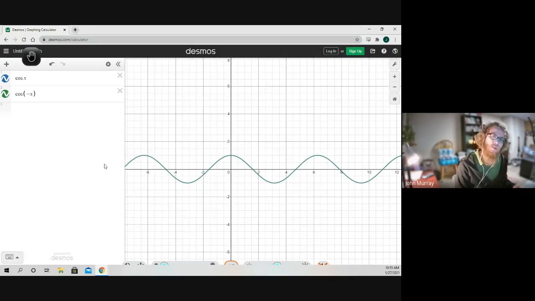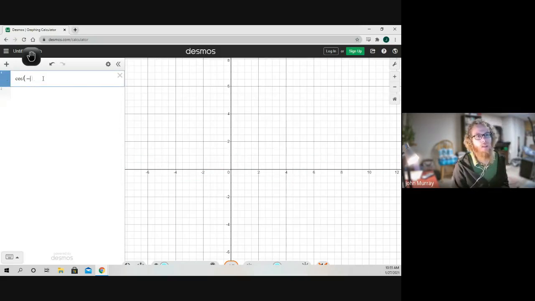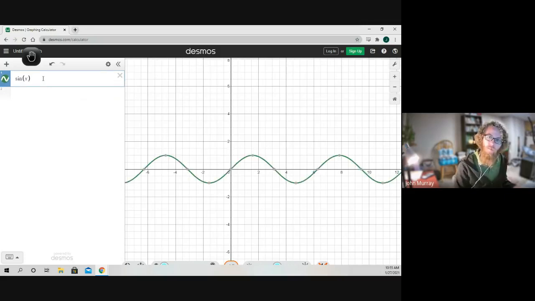Everything on the right side is an exact image of the left side, so if I reflected it, everything would end up in the same spot. But because sine is an odd function, it's opposite on this side and on this side.